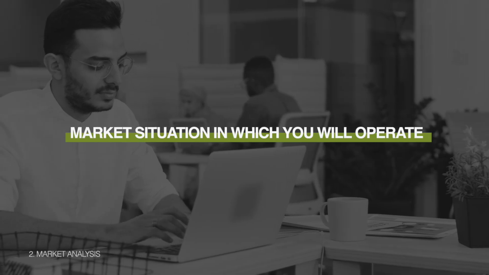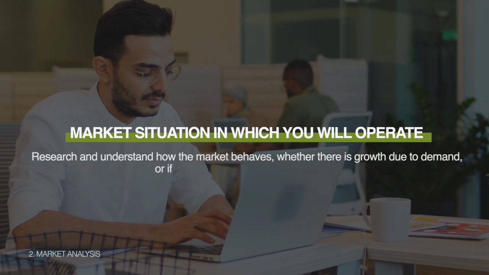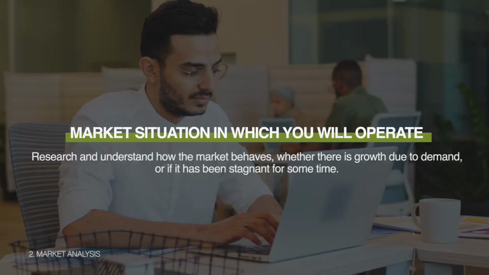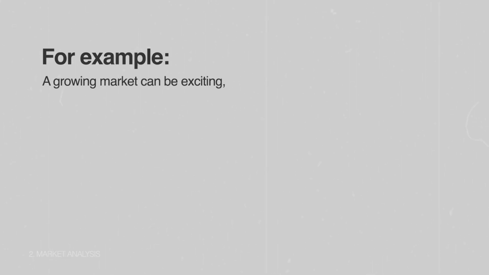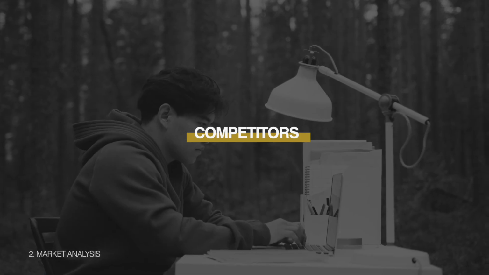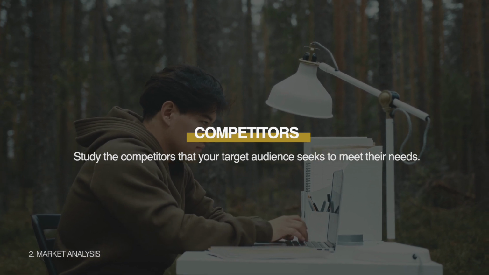The market situation in which you will operate. Research and understand how the market behaves, whether there is growth due to demand, or if it has been stagnant for some time. For example, a growing market can be exciting, but if it is close to stagnation, this can present a risk to your business. Competitors. Study the competitors that your target audience seeks to meet their needs.